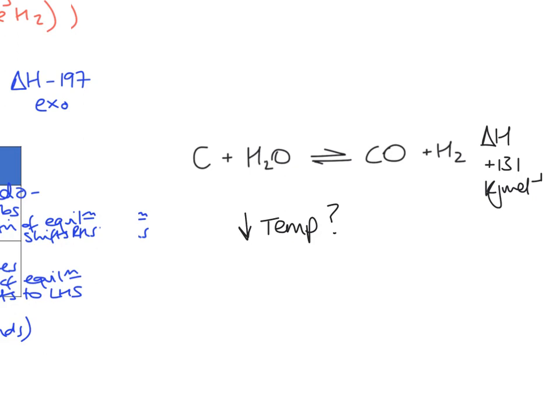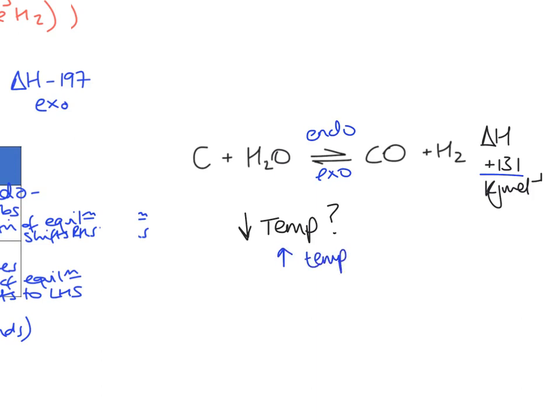If you said that decreasing the temperature shifts the equilibrium to the left, then you're right. This is all because of that plus 1.31, showing that this forward direction is endothermic, and so this is exothermic. Now, if we decrease the temperature, what we want the system to do is to increase the temperature.